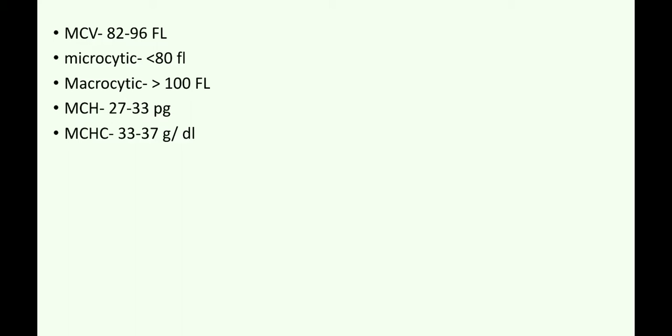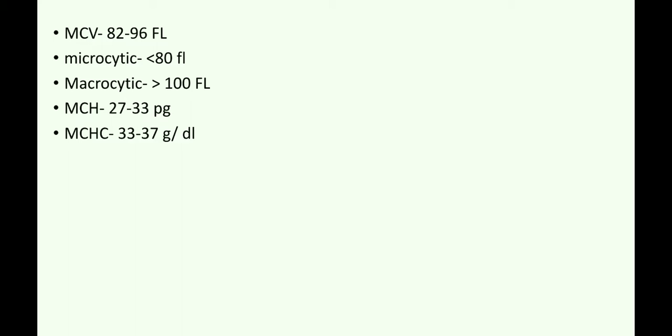Now MCH is the mean corpuscular hemoglobin, and that is the amount of hemoglobin per RBC. The normal value is 27 to 33 picogram.